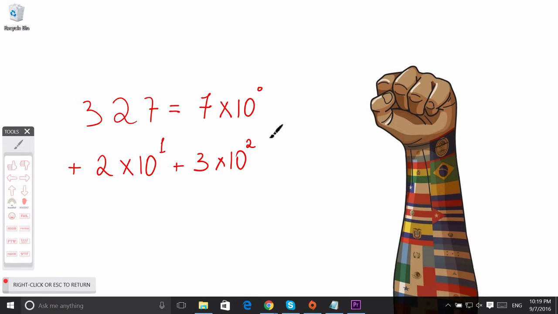This is the digit, this is the base, and this is the weight.